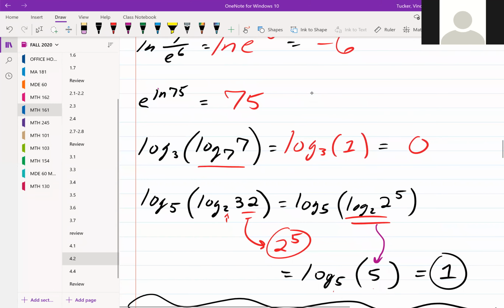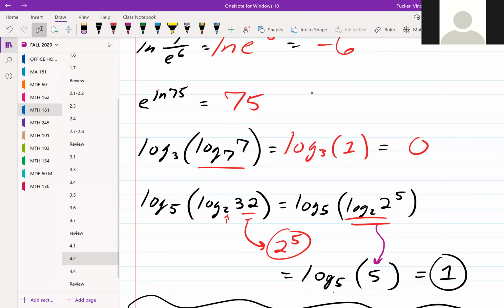Professor Tucker, what's the purpose of log? They have applications like exponentials, when you talk about growth and decay. I think they're along the same lines, but they have applications when you start talking about word problems. Most definitely with exponentials, what comes to mind is growth and decay of certain things.